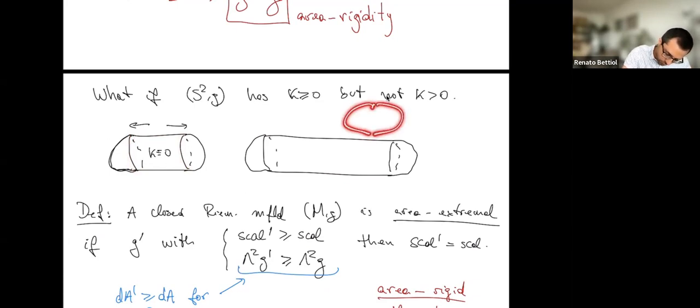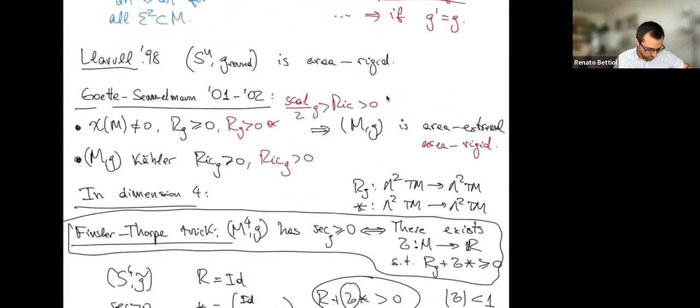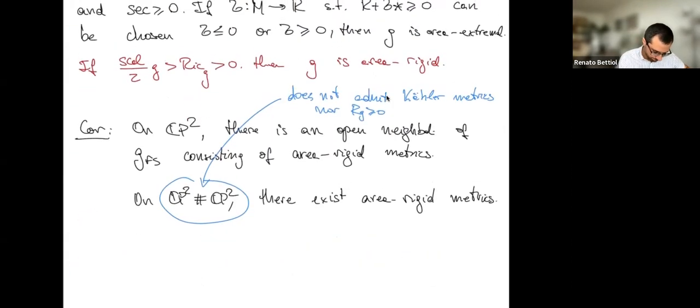There's two pieces and they're glued along just one surface. The sectional curvature is 0 along this surface, but it's just a hypersurface. And so the length of this neck is equal to 0. Those are rigid. You can also do something like this with positive length, and then they are just extremal. But if you want a rigidity statement, you need to be a little bit careful on the construction. But anyways, it can be done. So you can produce such metrics there.